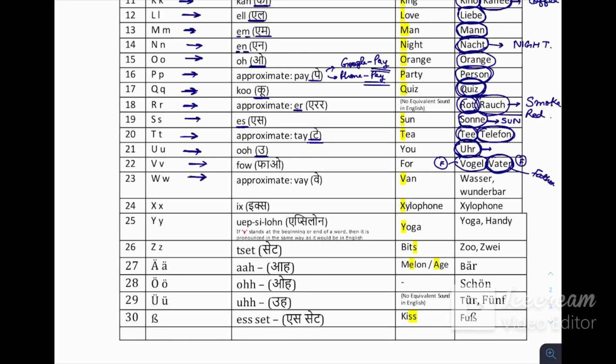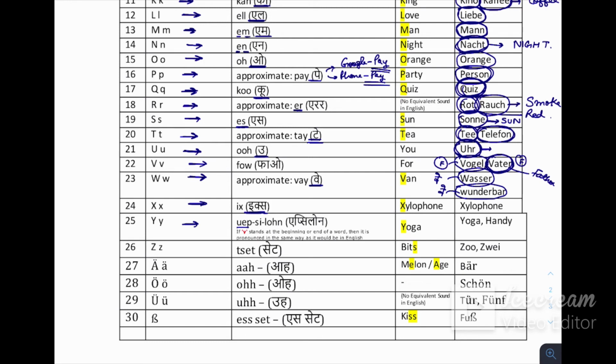W is way, as in Wasser, Wunderbar. Clear? W is way, with a V sound. X is X. Clear?